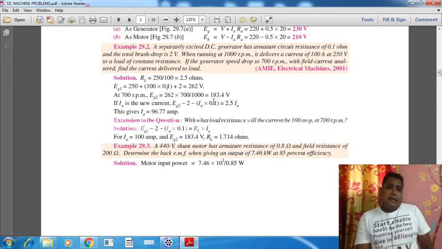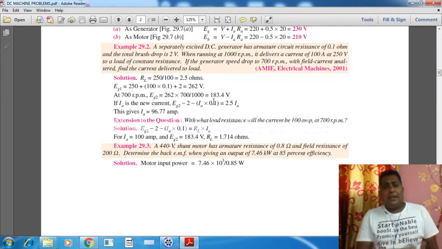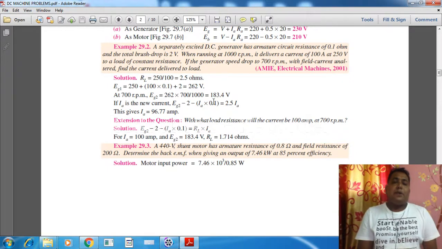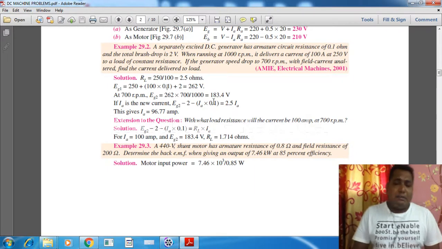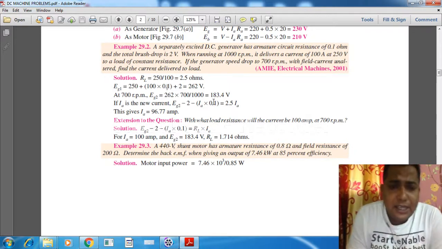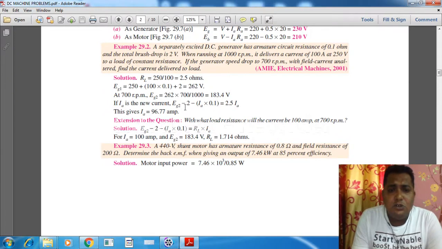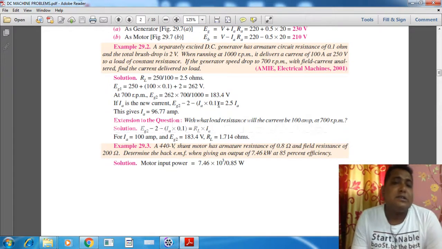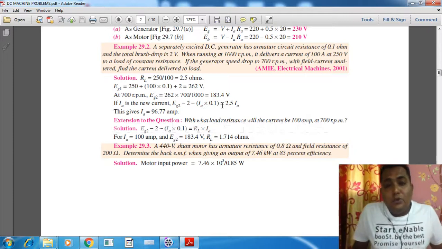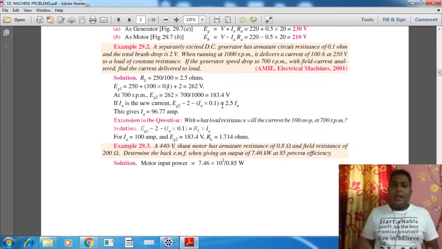And in that case, when the generated EMF is 183.4, what should be the armature current value? Again we are going to use the equation. So this is Eg2 minus 2, this 2 is for the brush voltage drop, minus Ia into Ra. Ia is not known to us, Ra is known to us, 0.1, is equal to 2.5 into Ia.